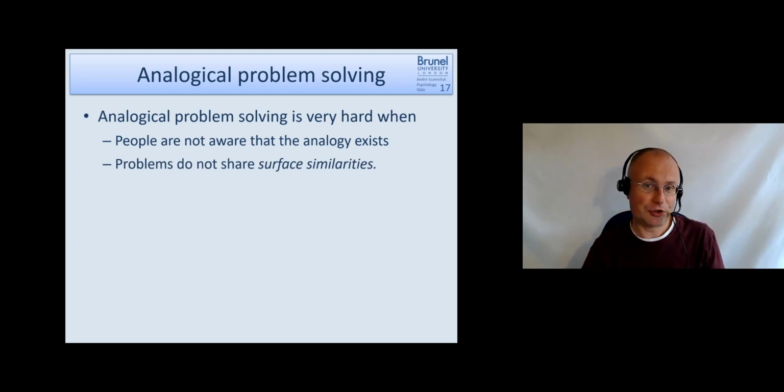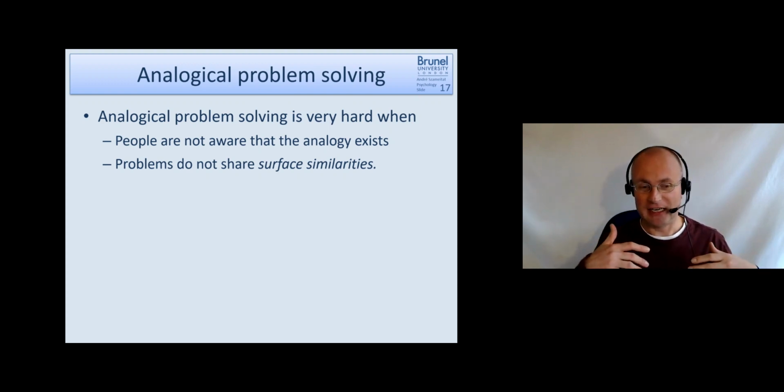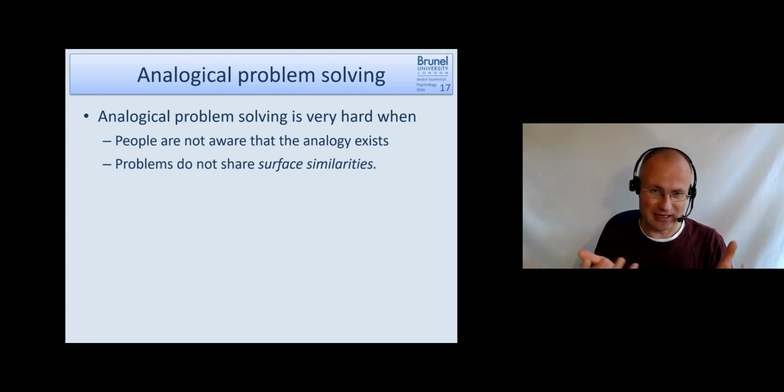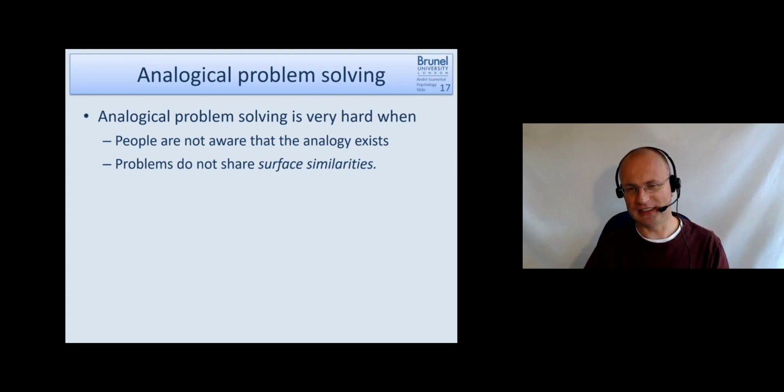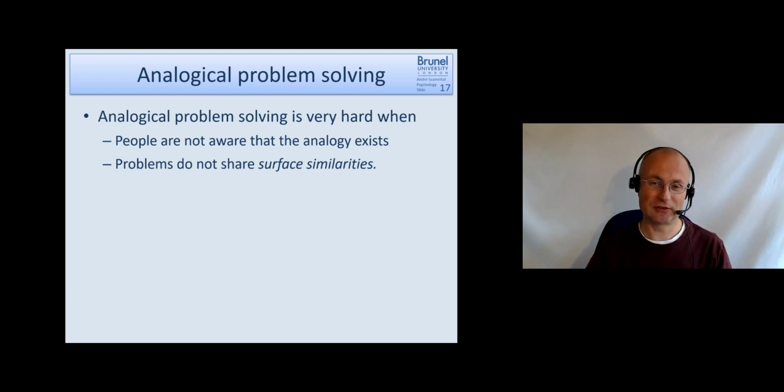If the problems don't share surface similarities, and surface similarities are something like putting it in the same context. You may have a matchmaker in weddings, and then you may have some other matching of two people for sports teams or something like that. Then you are quite similar in your description. But when you think about fields on a checkerboard and matchmaking, there is not very much surface similarity.